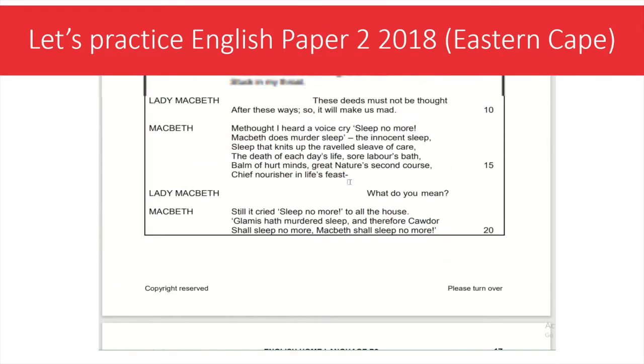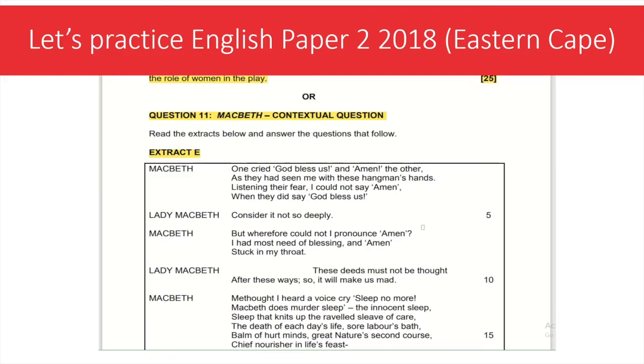Macbeth feels incredibly distraught about killing King Duncan, and he regrets it deeply. And the reason that he's asking for these blessings is because he's just committed murder. And he even goes on to say, although it's not in the line, that the amen is stuck in his throat. So he can't even say amen because what he's done is so evil and wrong and against God.